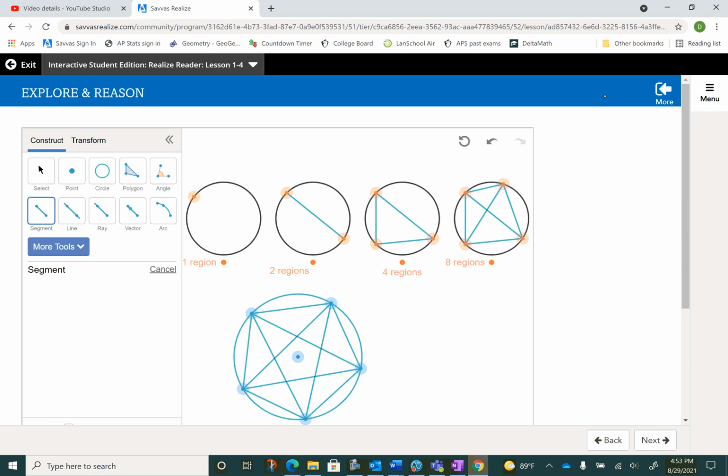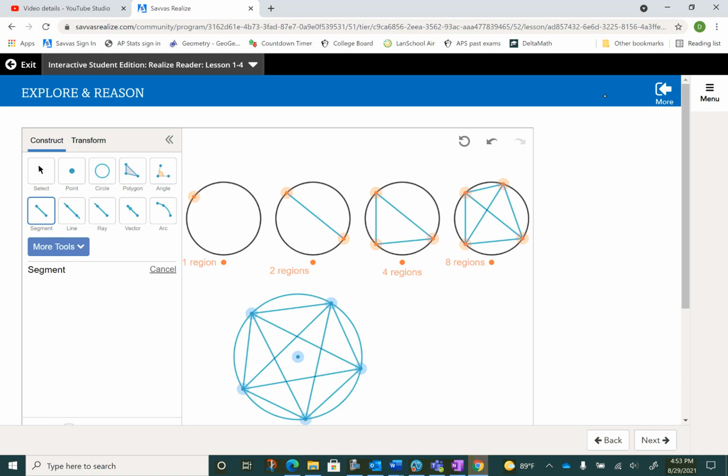So what is your prediction here? If you said 16, you're right on track.